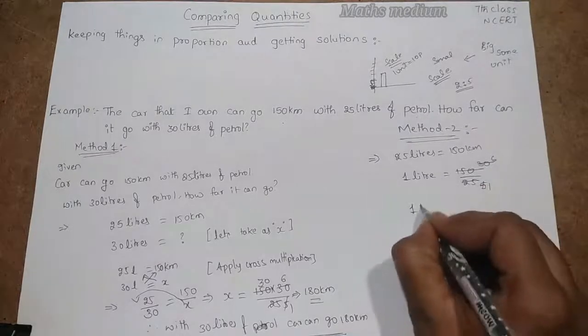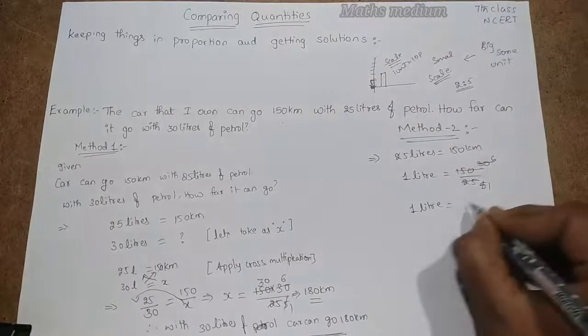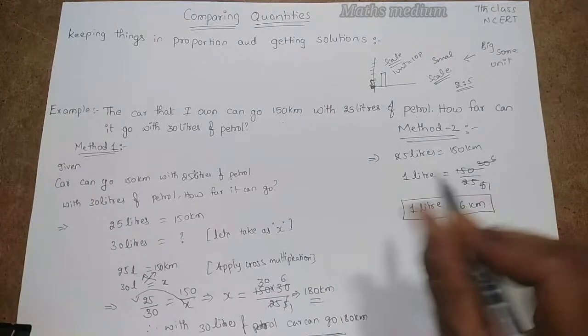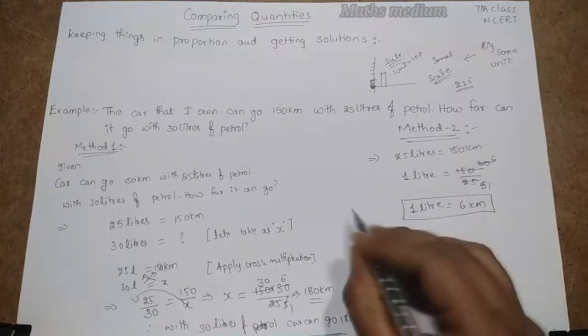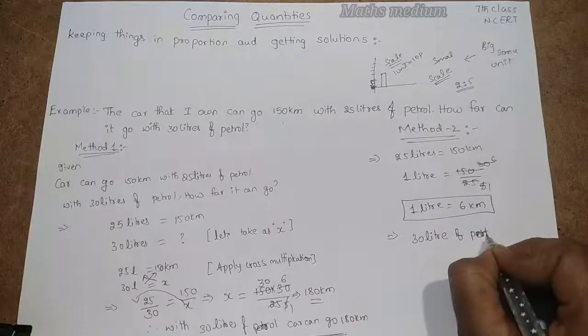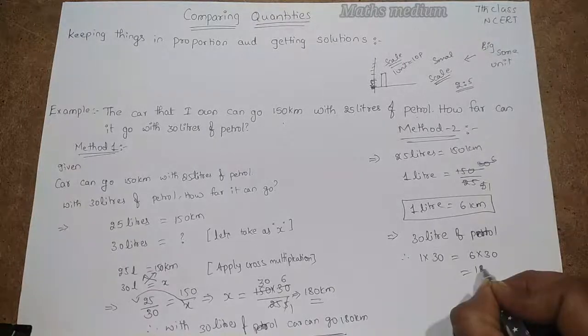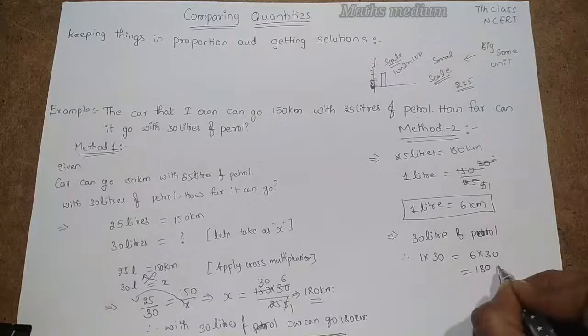Here 1 liter is equal to 6 kilometers, right? Now, how far can it go with 30 liters of petrol? We want to know about the 30 liters of petrol. Therefore, 1 into 30 is equal to 6 into 30. It means 6 30s are 180 kilometers.